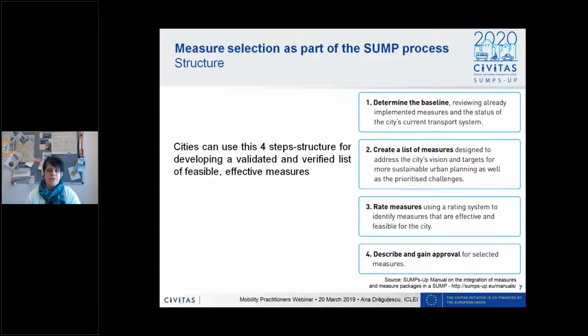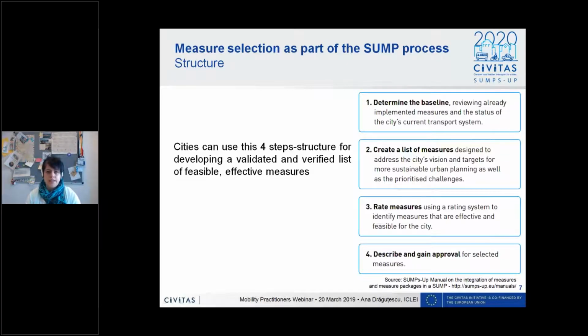So first, we have to determine the baseline to review the already implemented measures and the status of the city's current transport system, because the city doesn't start from point zero when we develop a SUMP. The city has previously implemented something else, other transport plans, other sectoral plans.